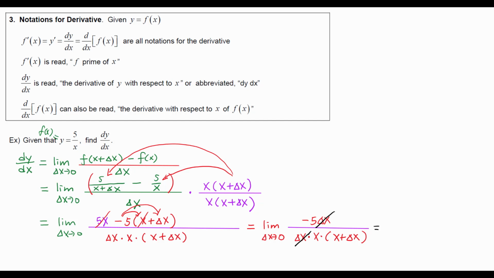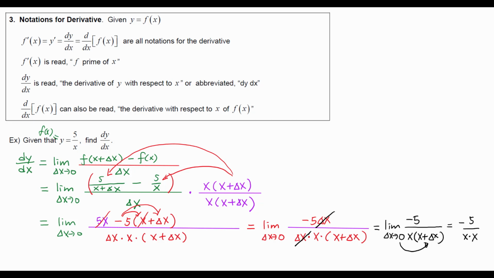So I have the limit as delta x approaches 0 of -5 over x times quantity x plus delta x. So go ahead and do the direct substitution of 0 for delta x. That will give me -5 over x times x.